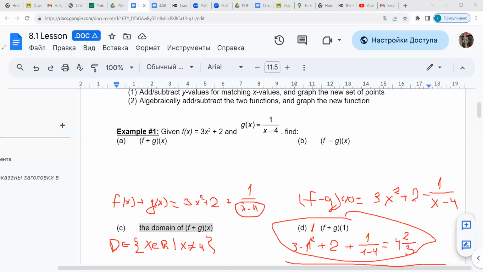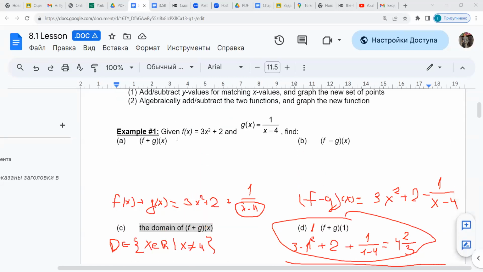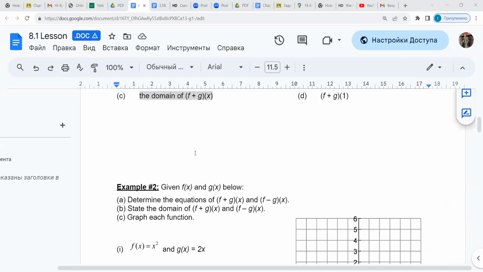Does anybody need more time to copy it? Okay, I'm clearing the drawing. 1 second. Okay, I can return it.